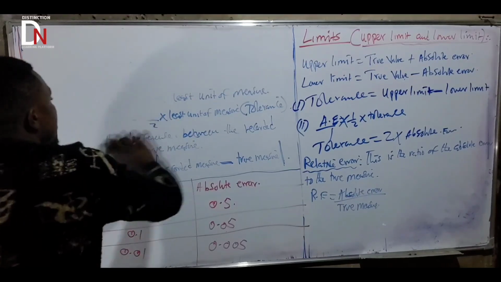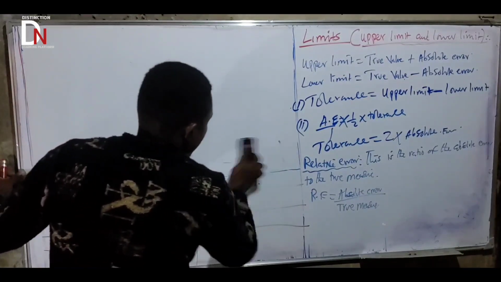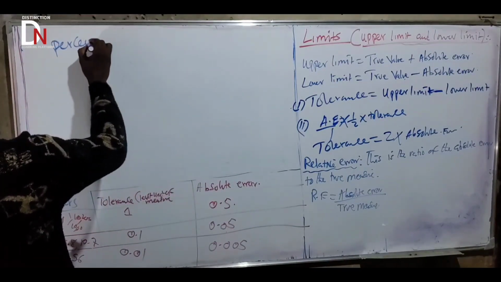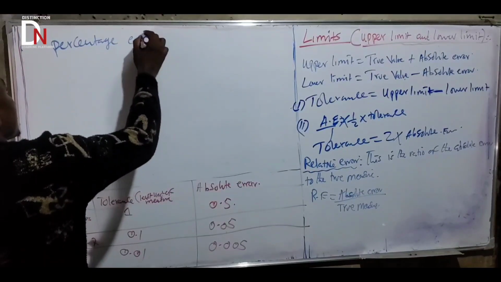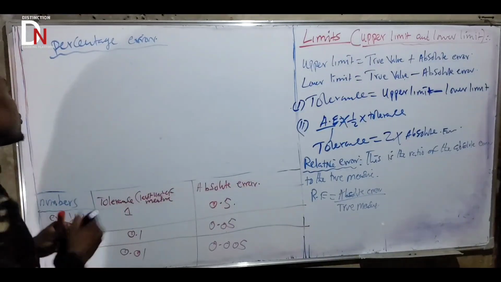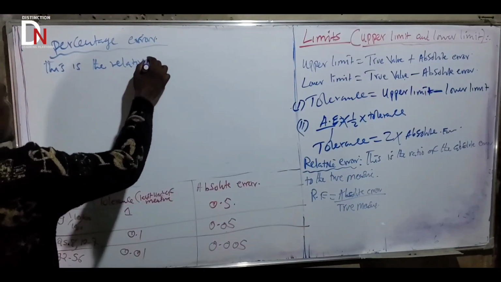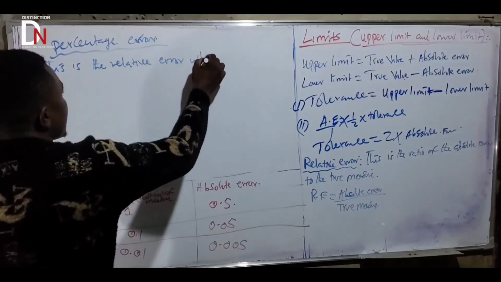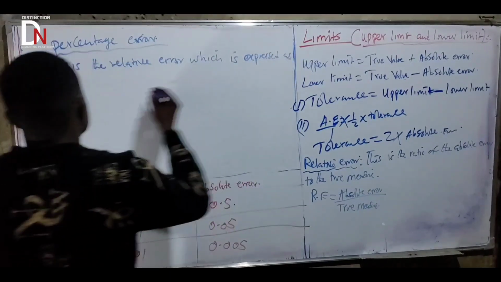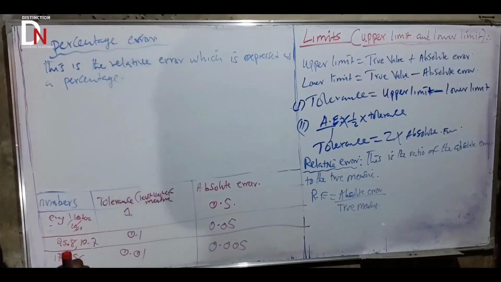Percentage error is the relative error which is expressed as a percentage.